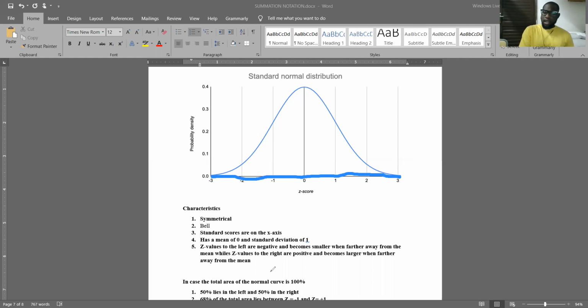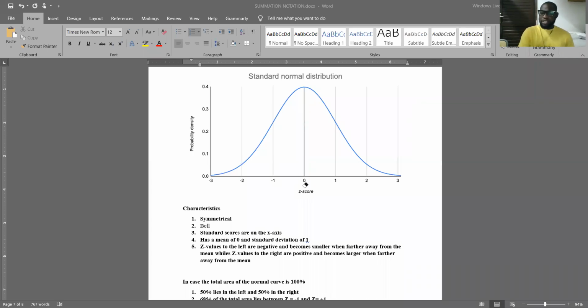We also say that with the normal curve distribution, the mean is always 0. The mean is the center, which is 0. So this is the mean. Apart from the mean, the median and the mode are also 0 in the normal curve distribution, so they all fall on this 0.